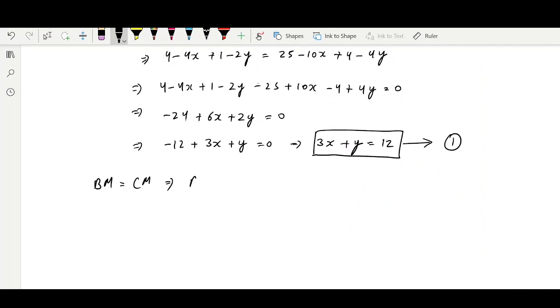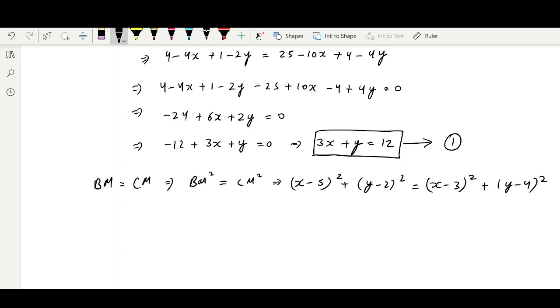So you can also write it as BM squared is equal to CM squared, just square it both the sides. So BM squared is (x minus 5) the whole square plus (y minus 2) the whole square, and CM squared is (x minus 3) the whole square plus (y minus 4) the whole square.